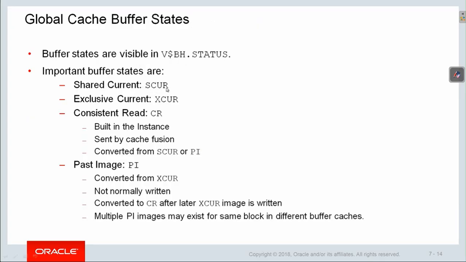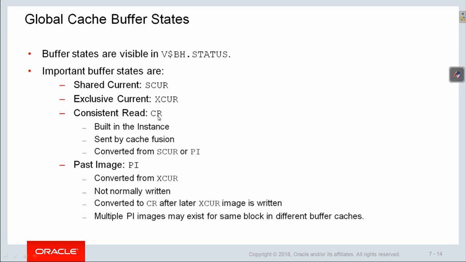When a session requests a block for a select statement or query, the shared current buffer state is used. And exclusive current is for DML: the most current block must be provided to the requesting instance, so the exclusive current buffer state is used. And we learned what a consistent read block is.